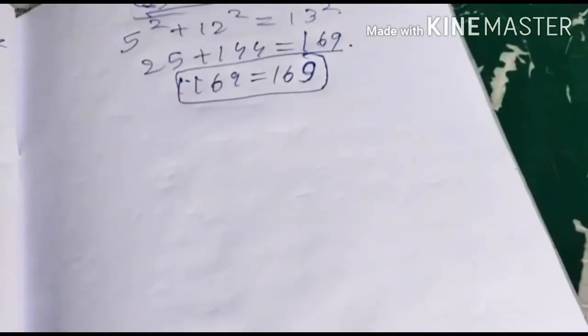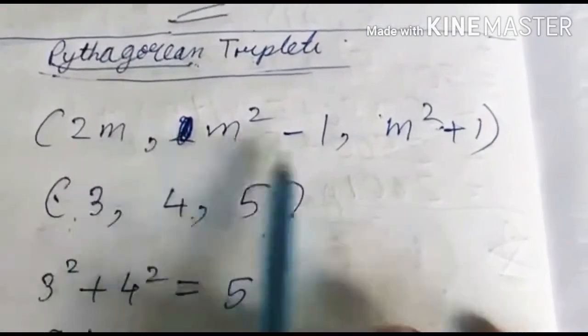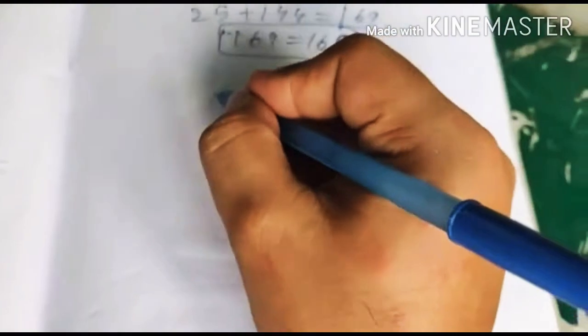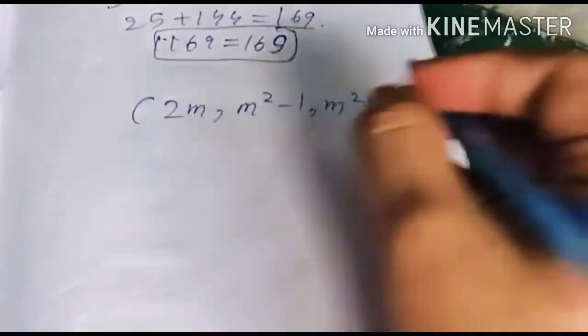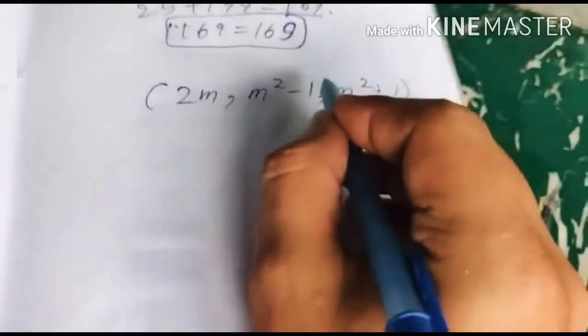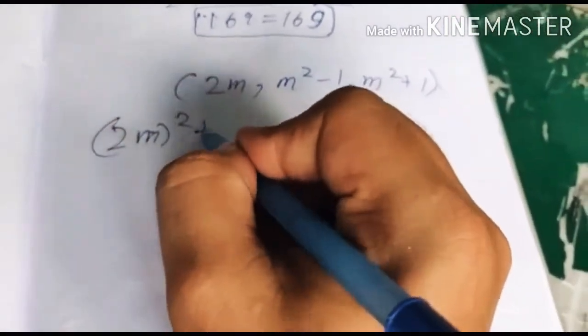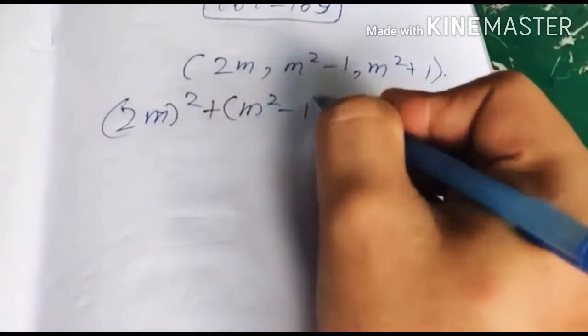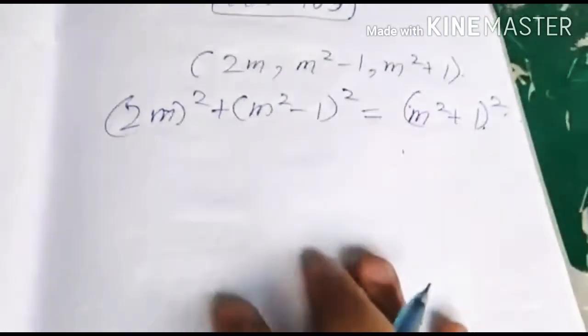Normally, the general form of a Pythagorean triplet is this: the set 2m, m square minus 1, comma m square plus 1. If we check whether it is a Pythagorean triplet or not, then (2m) square plus (m square minus 1) square should come equal to (m square plus 1) square.